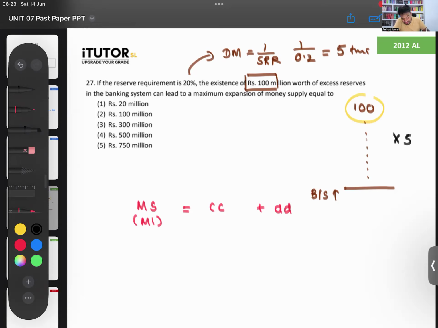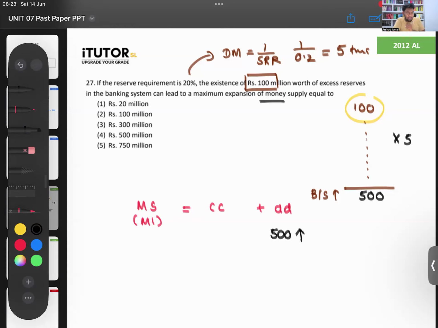The banking system will see an increase in deposits of 500 million. The question is not asking you by how much deposits increase. They are asking you by how much can money supply increase. So we'll put it to that money supply equation. According to this, demand deposits can increase by 500. The 100 excess reserve will multiply by 5, can increase by 500.